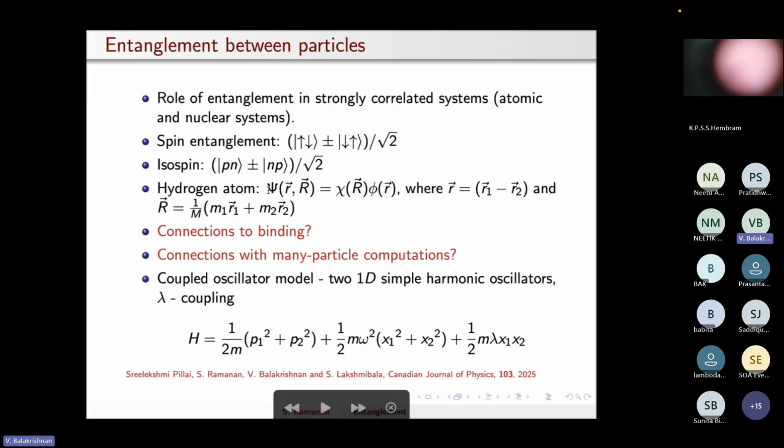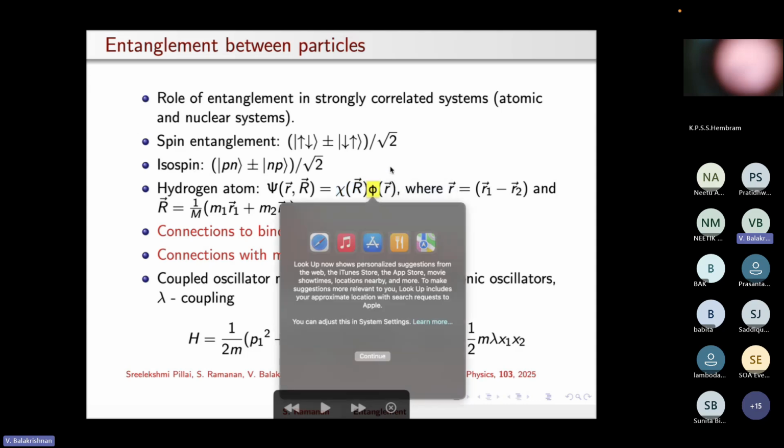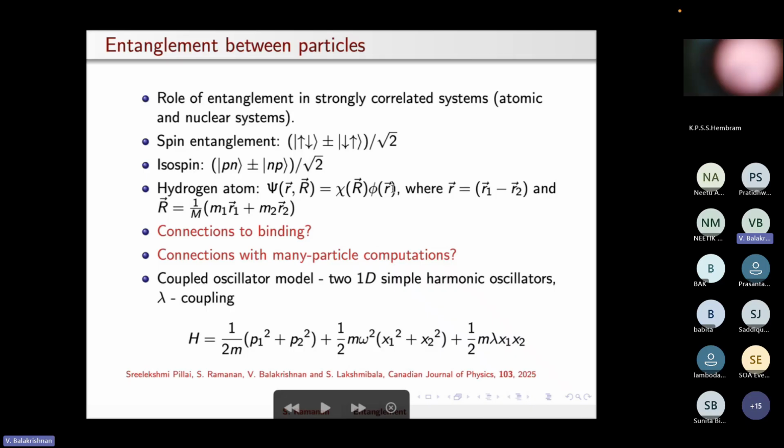Once you change coordinates to relative and center of mass, the hydrogen atom wave function becomes separable into a part that depends only on the center of mass and a part that depends on the radial coordinate.